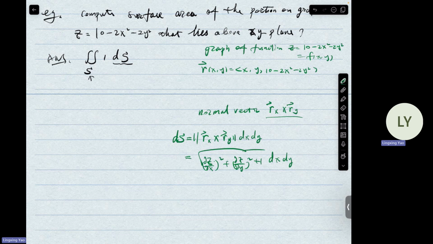Okay, and this is the first important piece we need to figure out. But there is another important piece, which is how do we specify the parameters x and y such that we get the domain.